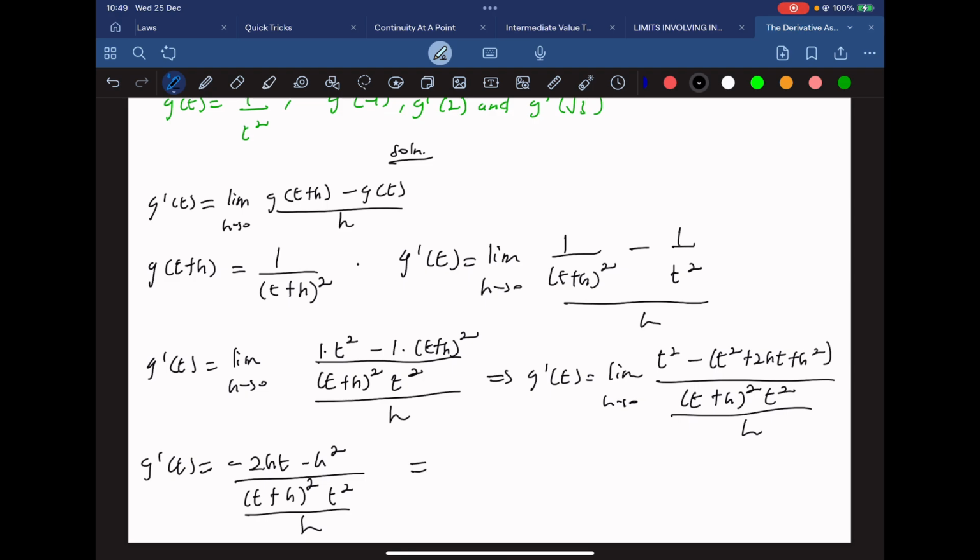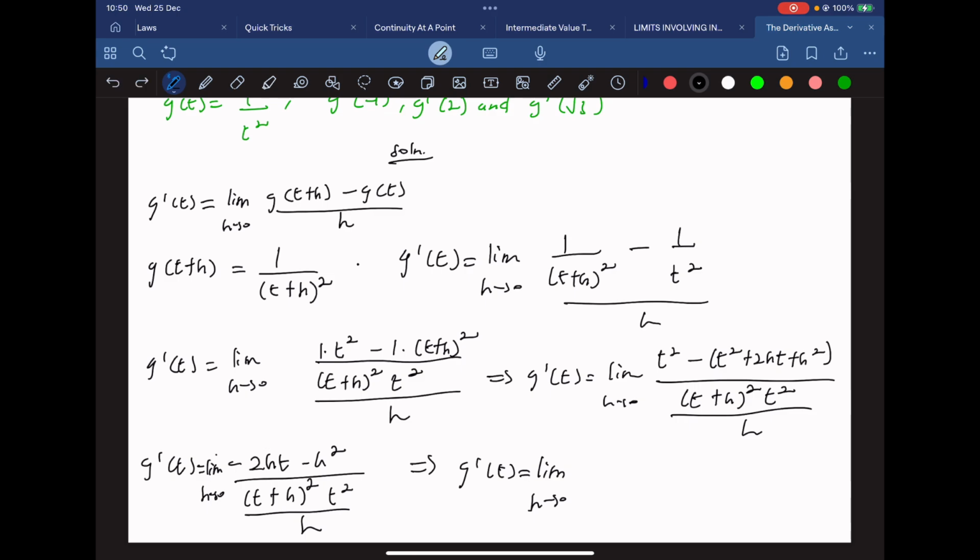So remember, if we have everything over h, you can just find the reciprocal. So there should be a limit here. So limit as h approaches 0 minus 2. So you can see that over here, there's h here, there's another h here.